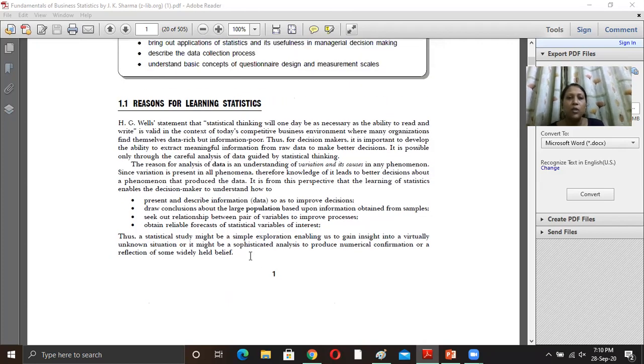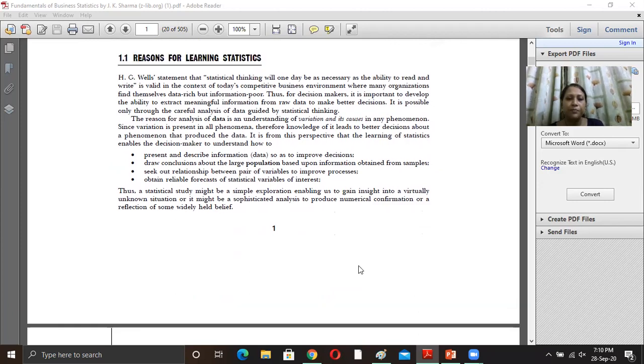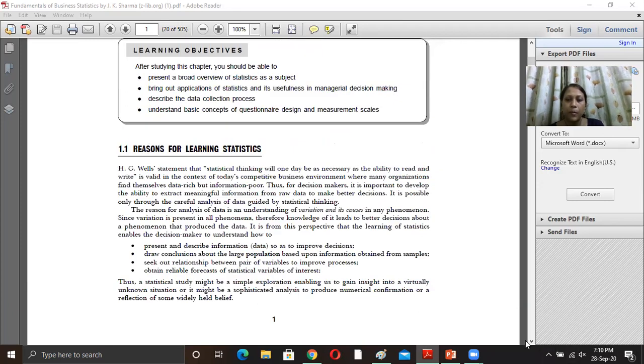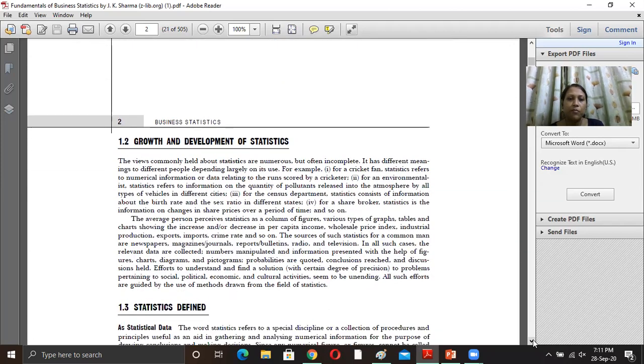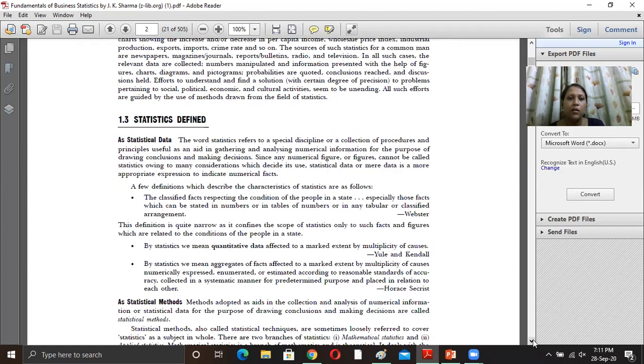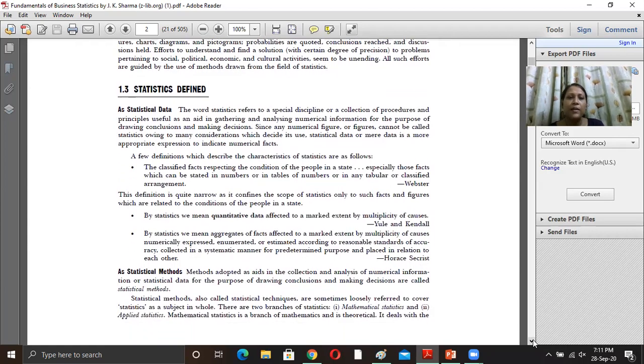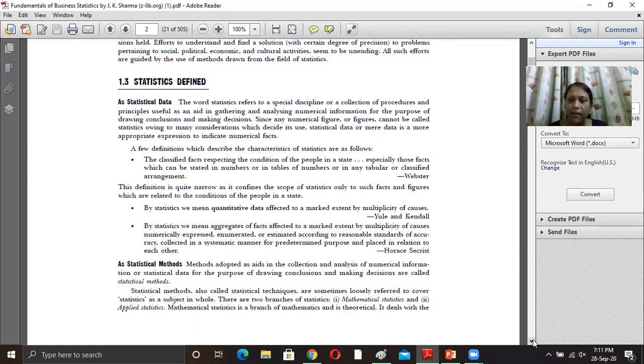So if we go to the next page, statistics can be defined as statistical data as well as statistical method.